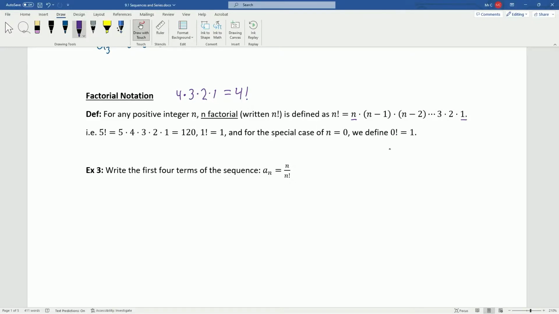So why do we define 0 factorial as 1? Well, let's take a look back at this previous example. We said 4 times 3 times 2 times 1 equals 4 factorial. But notice we could have also written 4 times 3 times 2 times 1 as 4 times 3 factorial. And similarly, I could write 5 factorial, which is 5 times 4 times 3 times 2 times 1, as 5 times 4 factorial.